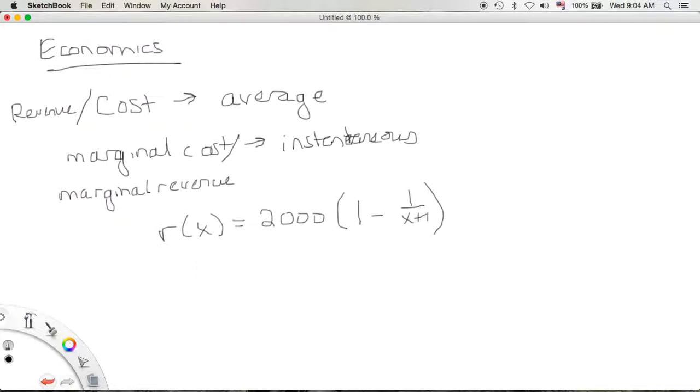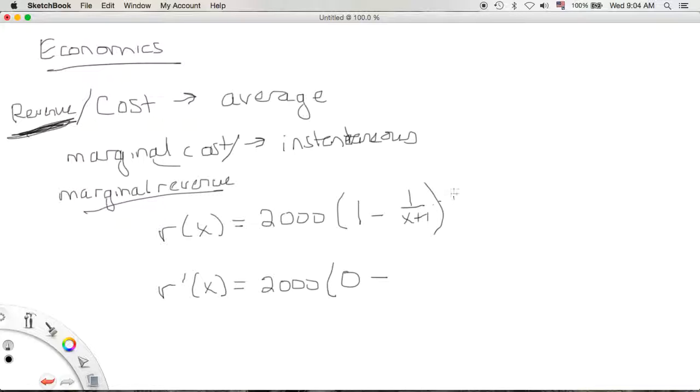If you have this revenue equation here, and you want the marginal revenue, then we're going to take the derivative of this, which we've got this constant. The derivative of 1 is 0. So we got the derivative of this one.